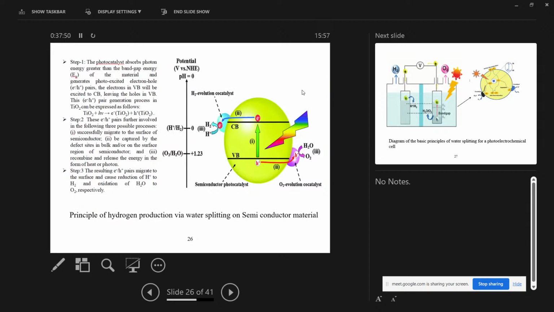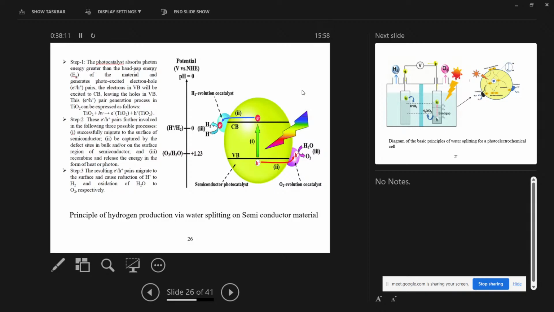Coming to the next slide, please. This gives you an idea of how these reactions occur in the photoelectrochemical water splitting process. In the upper portion, hydrogen is evolved, and in the lower portion the energy requirement is 1.23 electron volts.